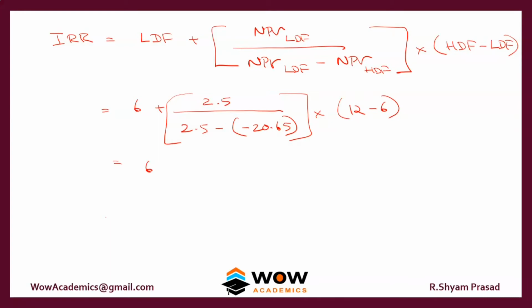So we'll start with 6 plus, and solve the inside part. It's 2.5 divided by 2.5 minus minus 20.65, and a minus and minus becomes a plus, so the denominator is 23.15.